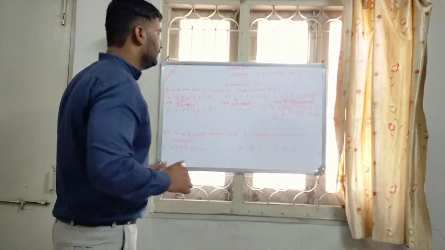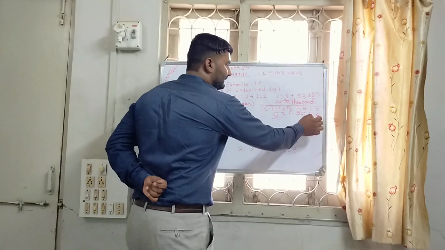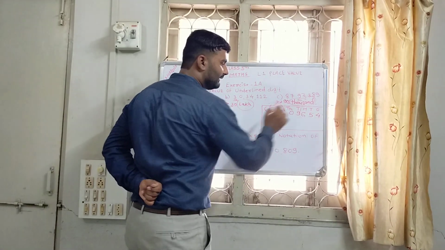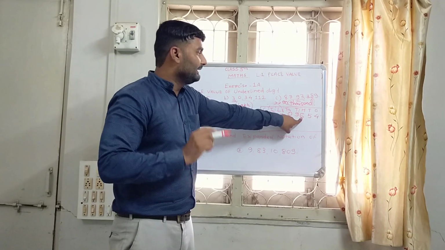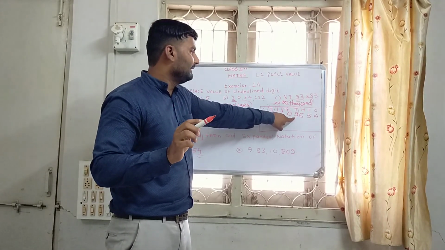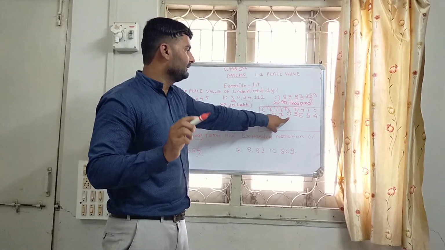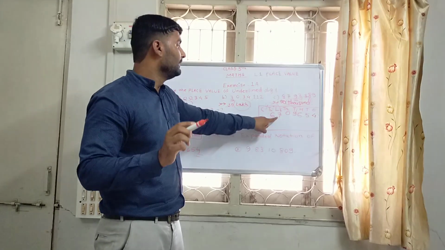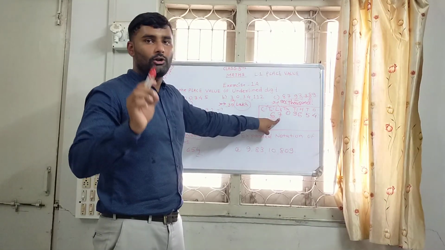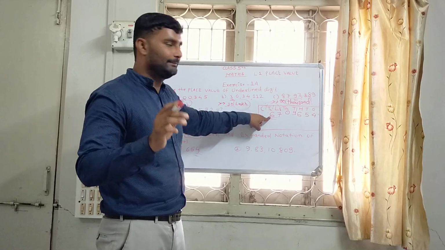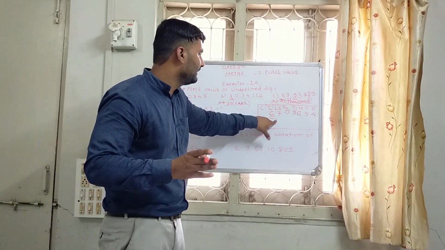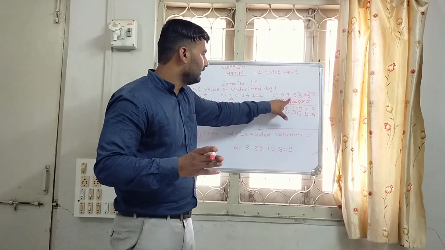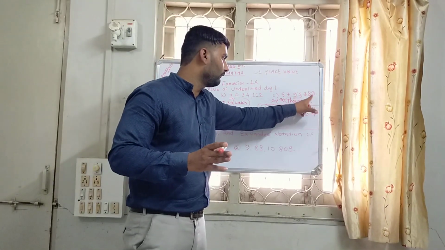Okay. So ones 4 is there, tens 5 is there, 6 is present in the column of hundreds, 9 in the column of thousand, 0 in the column of ten thousand, 7 in the column of lakh, and 6 in the column of ten lakh. Ten lakh means 60 lakh, 7 lakh, 0 ten thousand, 9 thousand 6 hundred, 5 tens and 4 ones.